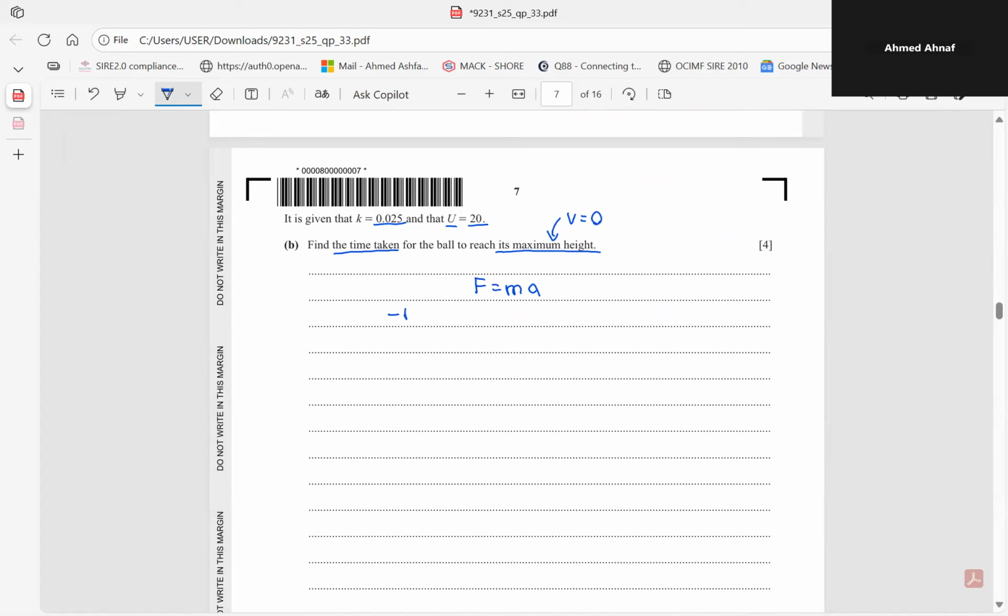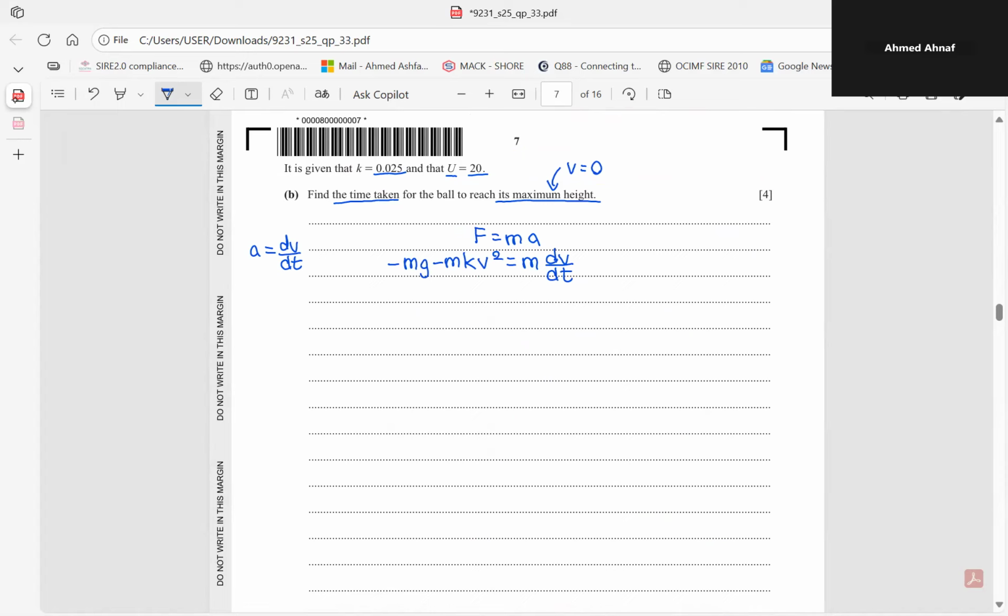So F is just minus mg minus mkv squared, and a is just equal to dv/dt. Now we'll divide m on both sides. You will get minus g minus k v squared equals dv/dt.